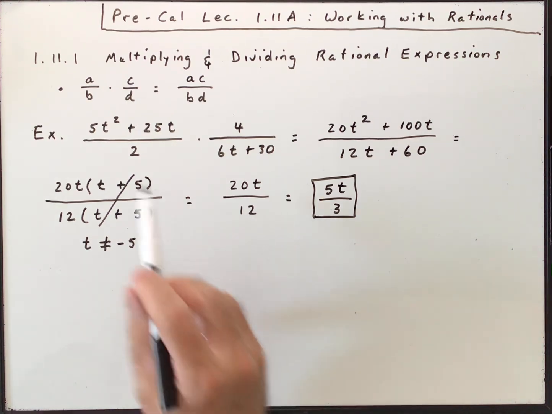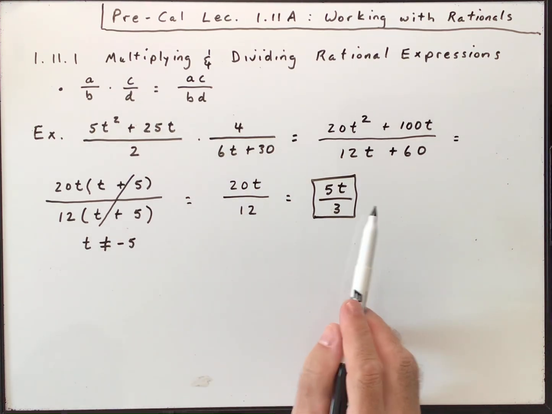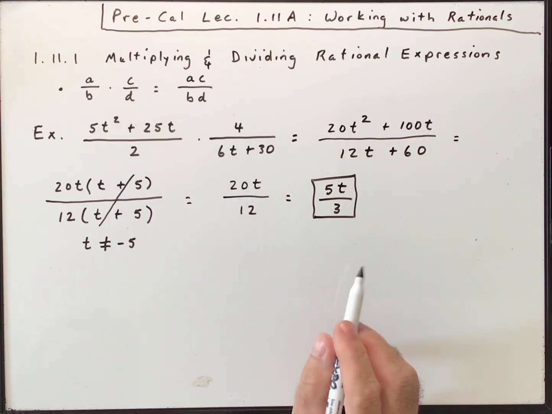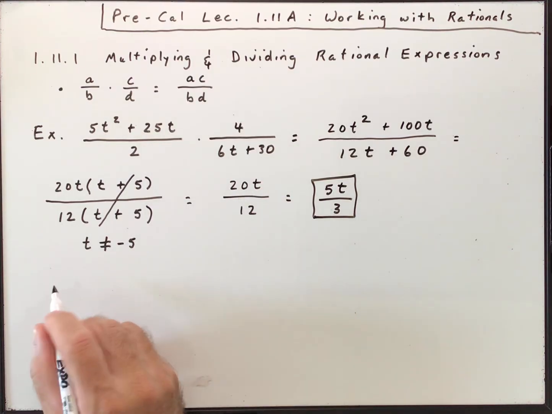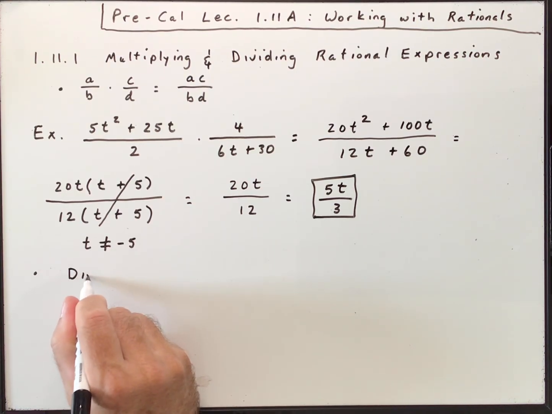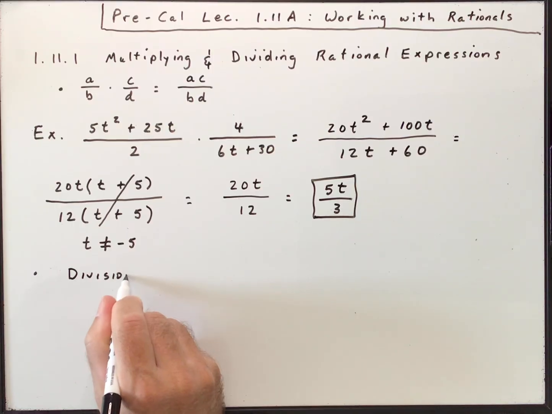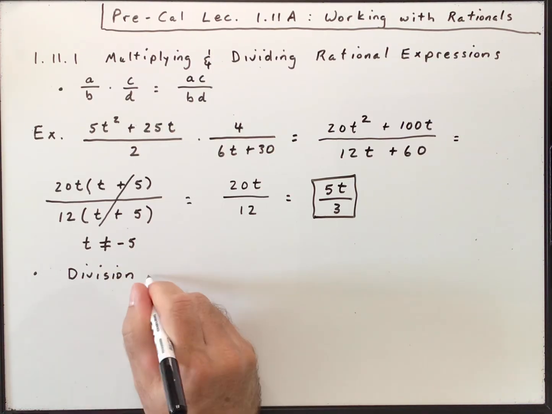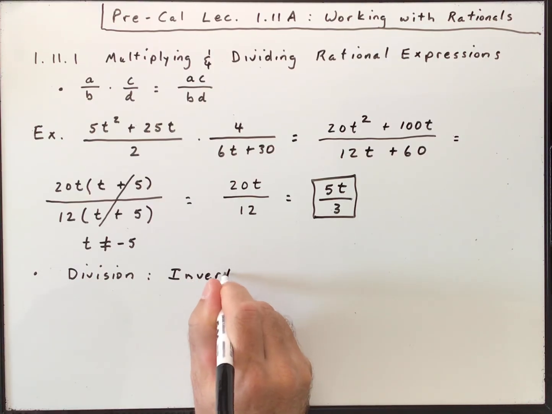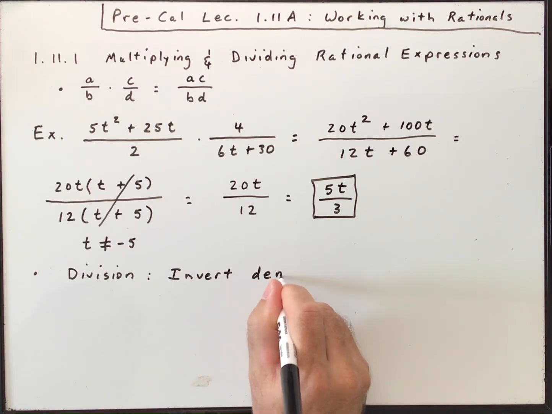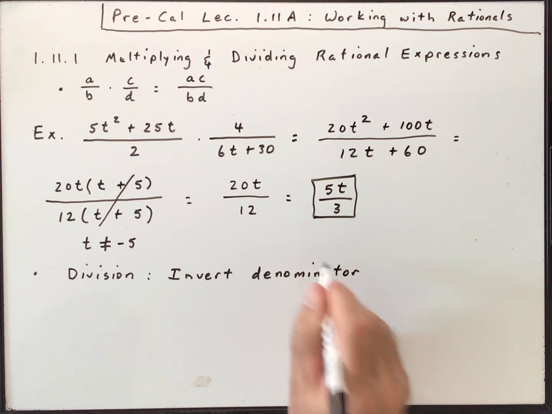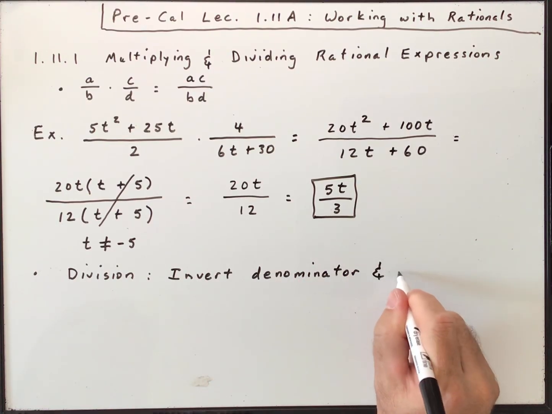All right, so we multiplied it out and then we simplified, and I could have gone ahead and done a little bit of simplification before we even started. Okay, division. So with division, we invert the second fraction and multiply.